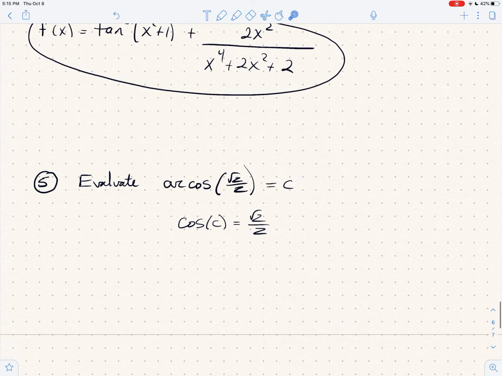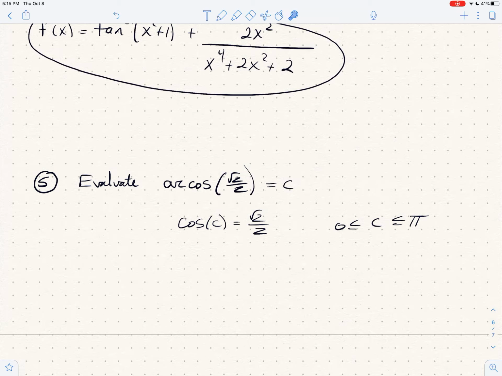And now you think about your unit circle. What do I plug into cosine to get root 2 over 2? And by the way, think about it with me. C is in the range of arc cosine. The range of arc cosine is the domain of cosine restricted to 0 to pi. So you're looking for a C that needs to be between 0 and pi.